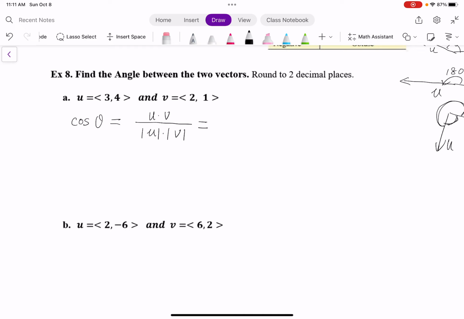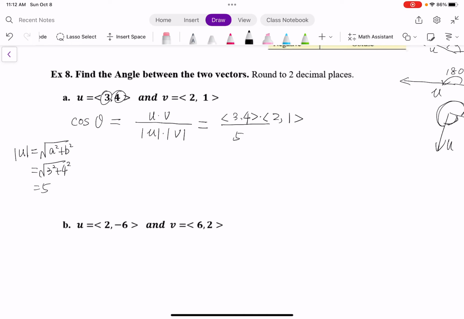And then let's input the data. So u dot v is (3, 4) dot (2, 1). And how to find the magnitude of u and v? The magnitude of u equals square root of a squared plus b squared, which is (3, 4). So square root of 3 squared plus 4 squared, this is 5.